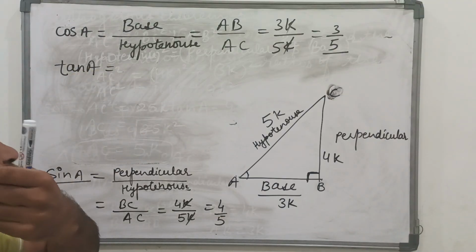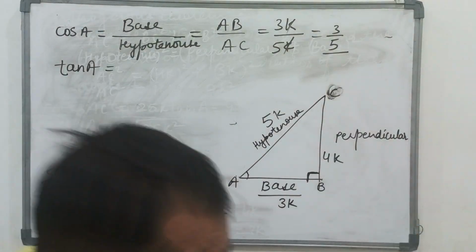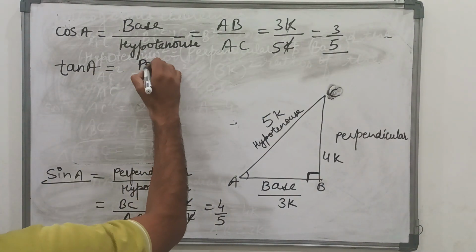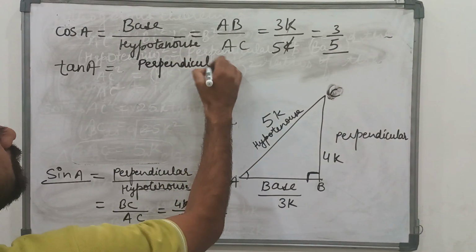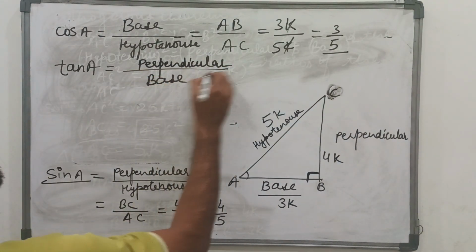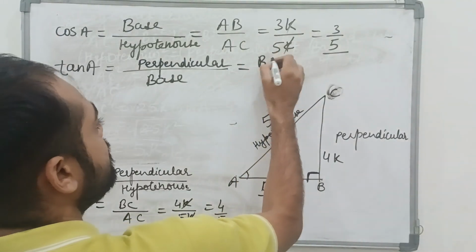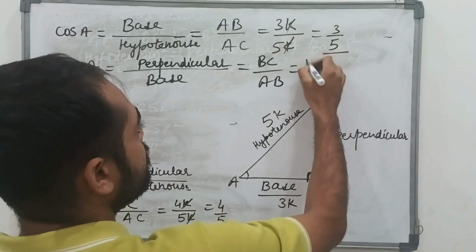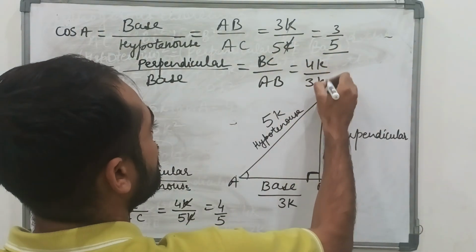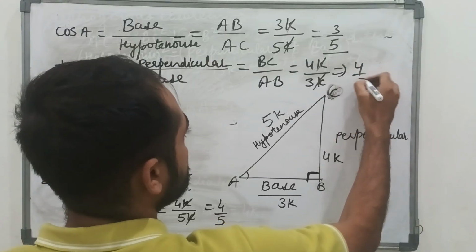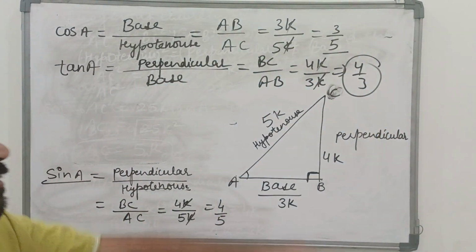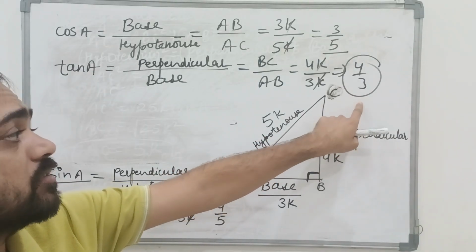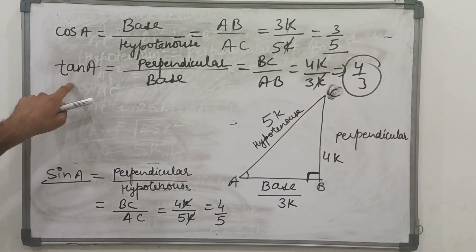So that's why we are going to find tan A. Tan A is perpendicular upon base, BC upon AB. BC is 4k and AB is 3k. The k cancels out, giving 4 by 3. This is similar to the value of tan A already given in the question.